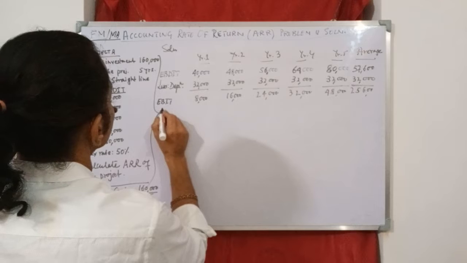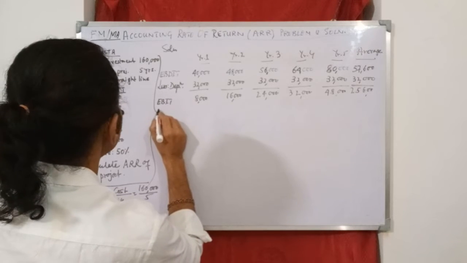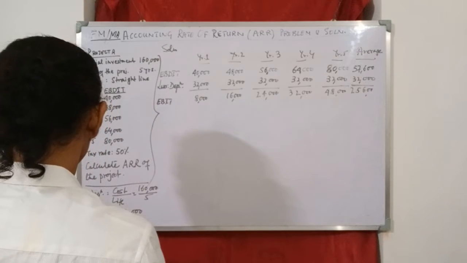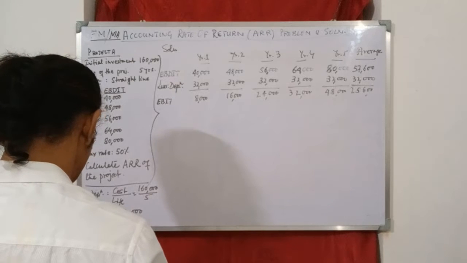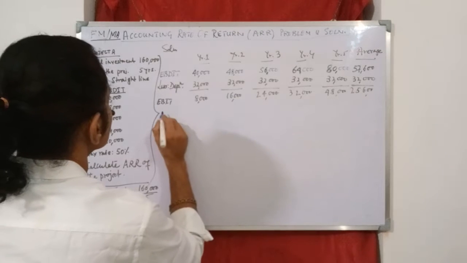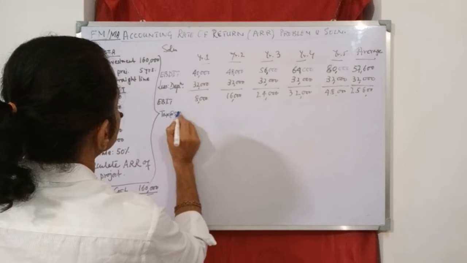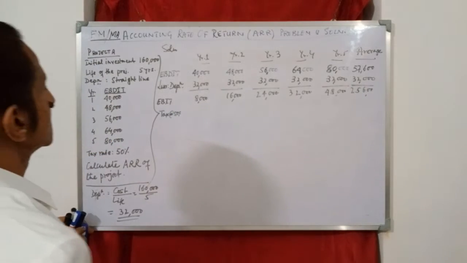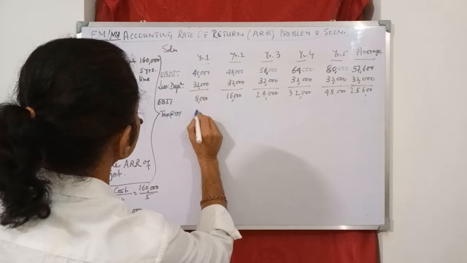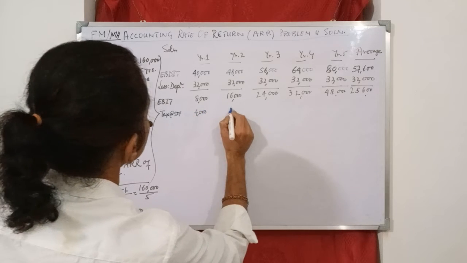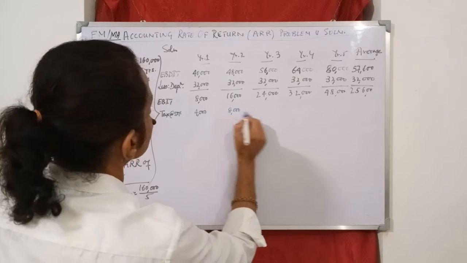So from here we deduct tax. Tax at the rate of 50%. So this is 4,000. Here 8,000.